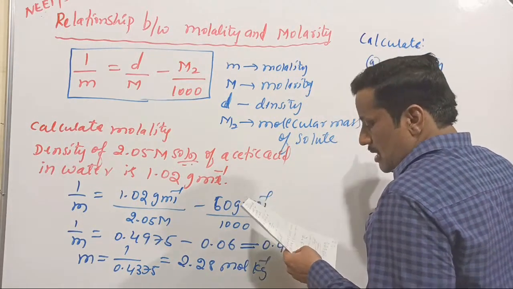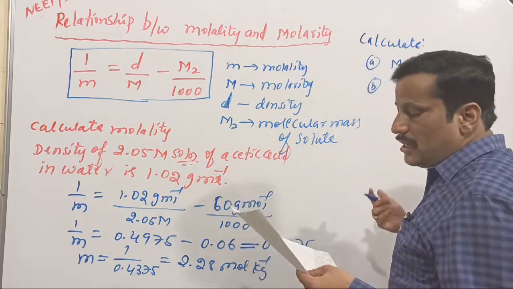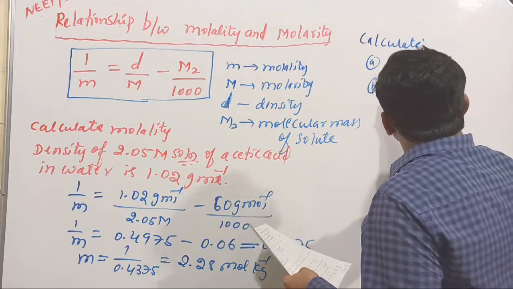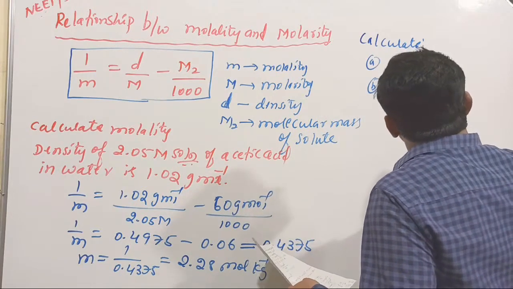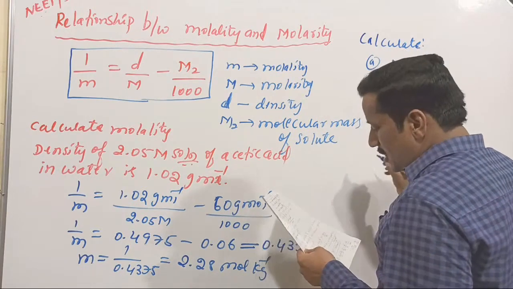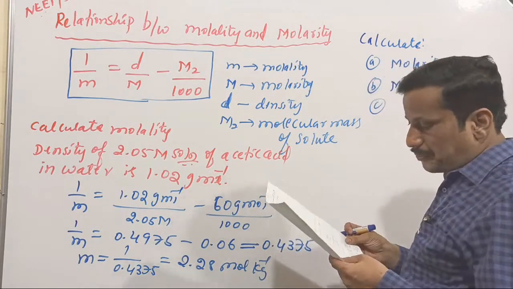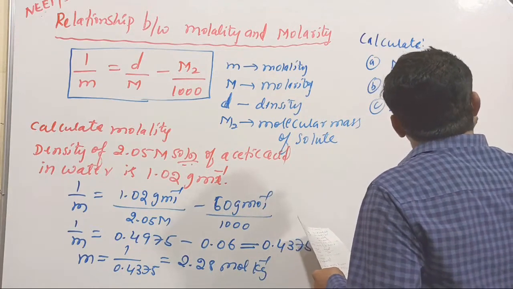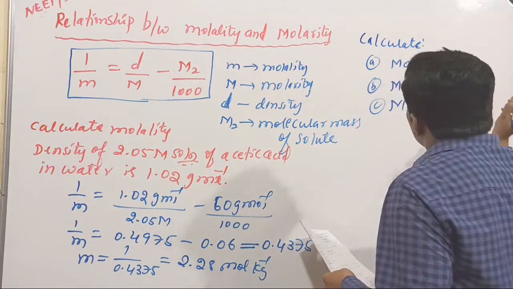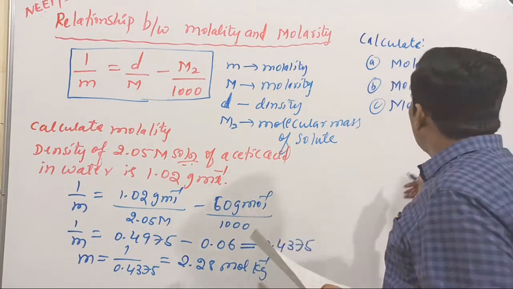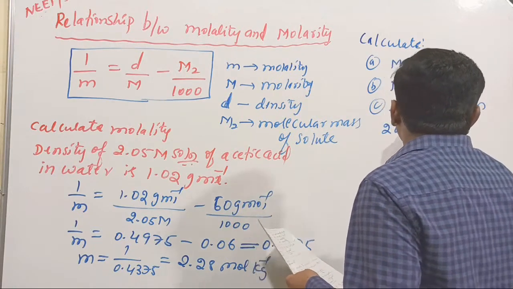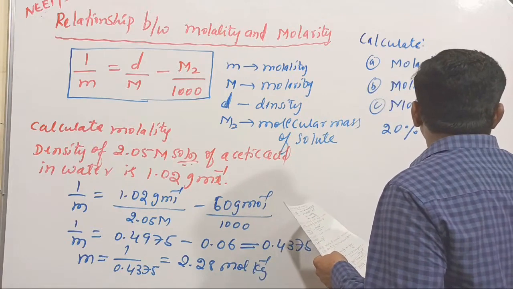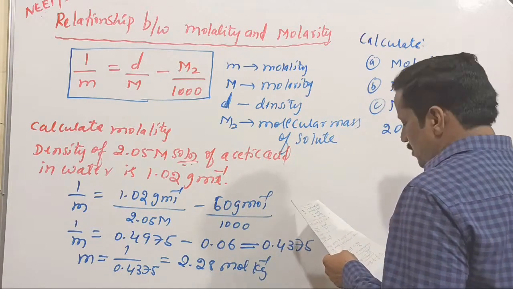This is again an NCERT in-text question. Then molality, and then mole fraction. These three you have to calculate for a 20% mass by mass solution.